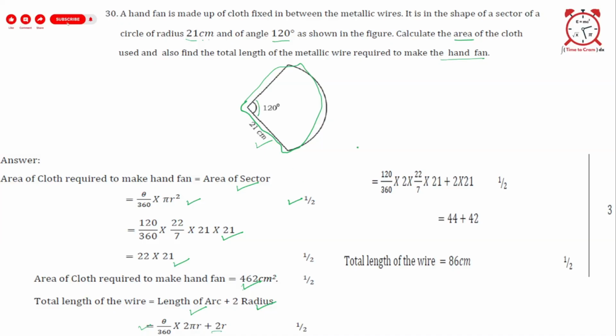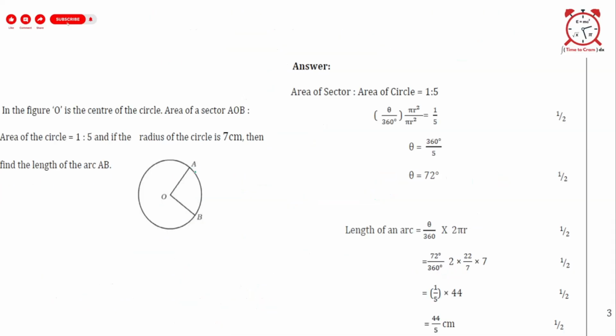After keeping the values and simplifying, we are getting 44 plus 42 equal to 86 centimeter. So this is the answer of this question. Here also the internal option, as I said in the beginning of the sum. In the figure, O is the center of the circle.